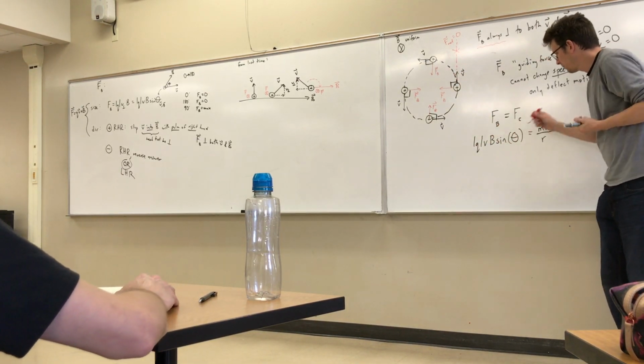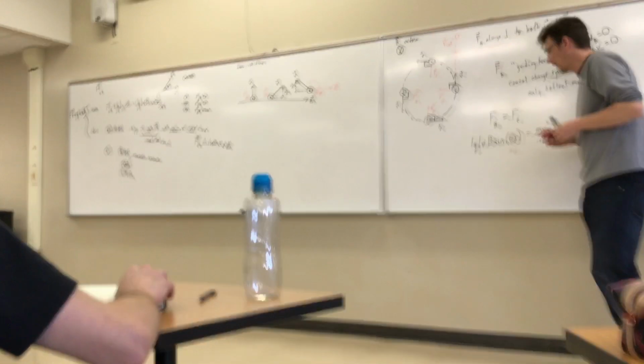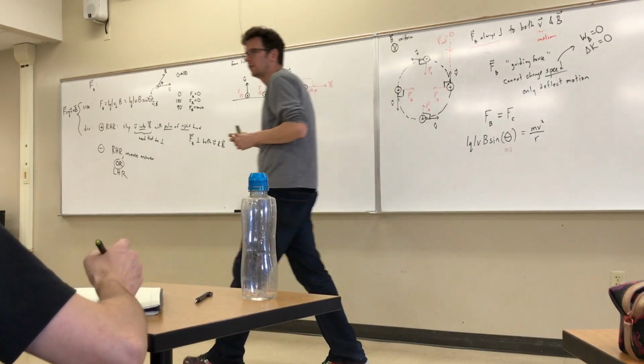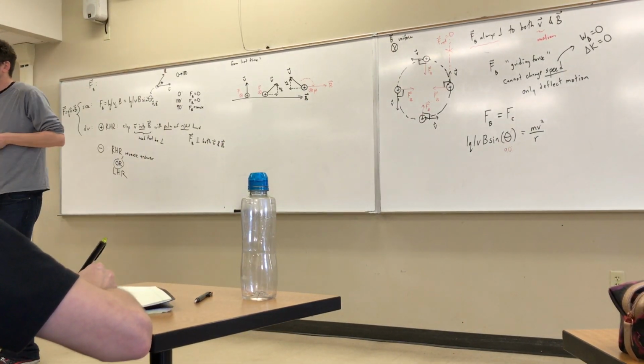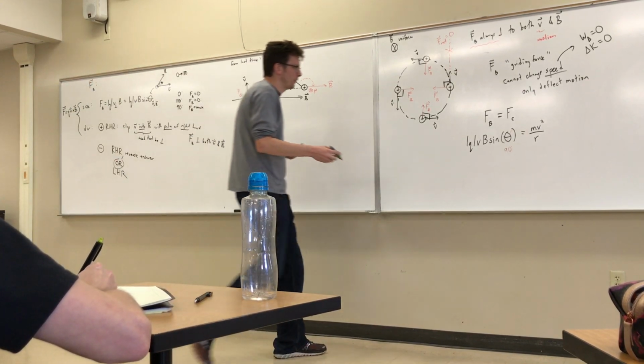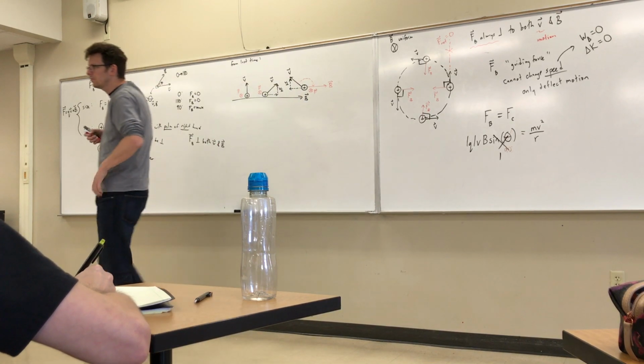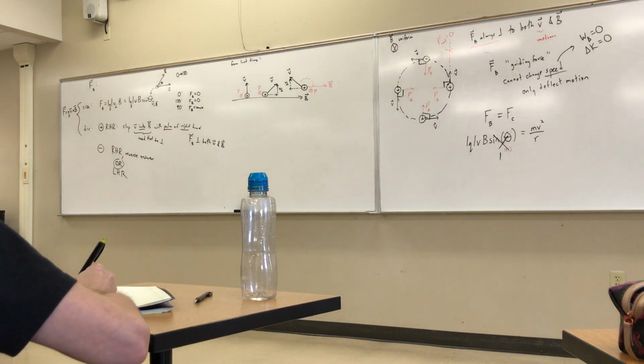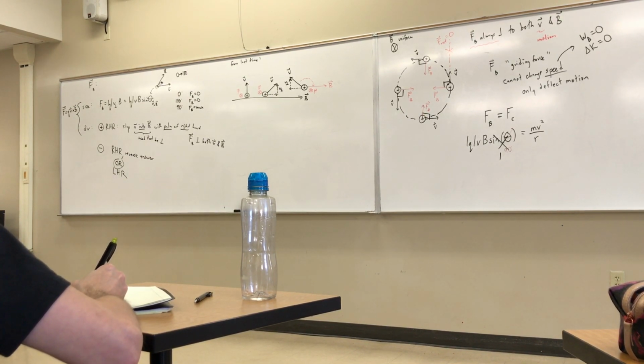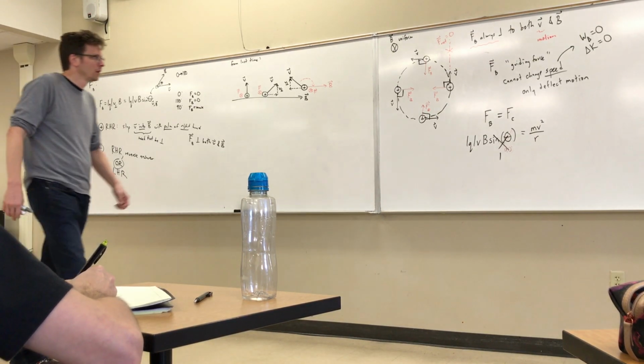So this happens to be 90, and that's true for the entirety of the circle. And sine of 90 is of course 1, which means that we get maximum force. So we get maximum deflective force because we threw the charge into the field at 90 degrees and it stays 90 degrees to the field.